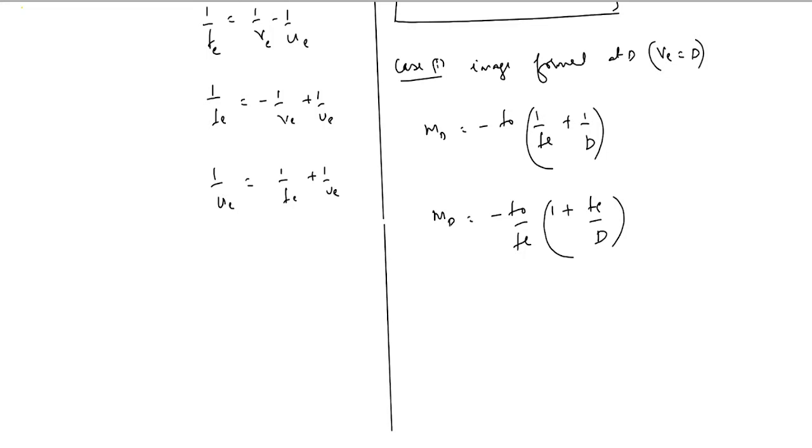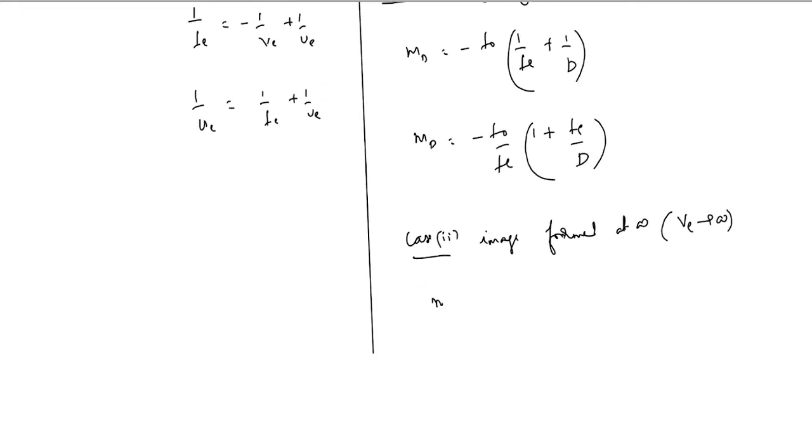Suppose the image is formed at infinity, that's case 2. Do observe that we have the same template everywhere. That is, we define a general magnification and we find the magnification at two points, that is, image formed at D and image formed at infinity. So image formed at infinity implies that VE tends to infinity.